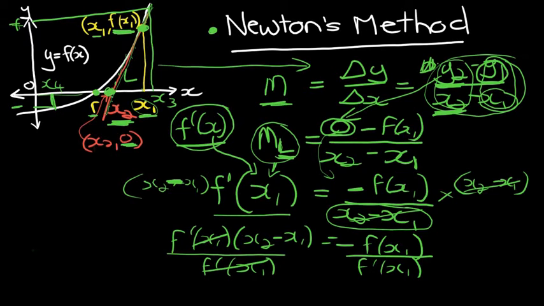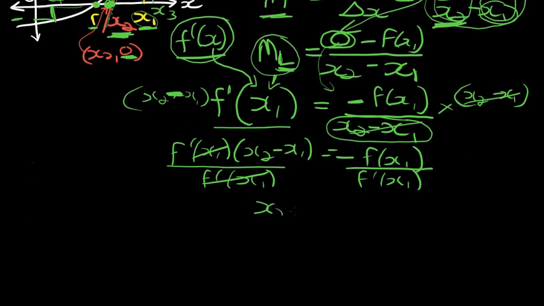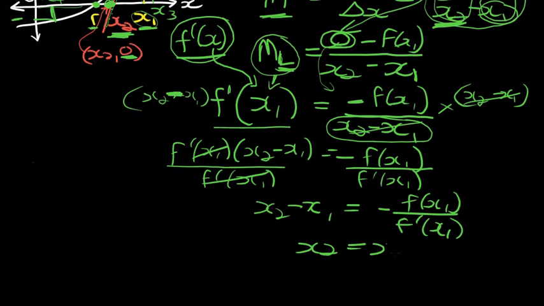So then you have x2 minus x1 is equal to negative f(x1) divided by the derivative of f(x) at x1, and then you get x2 is equal to x1 minus f(x1) divided by the derivative of f(x) at x1. And now we have x2.